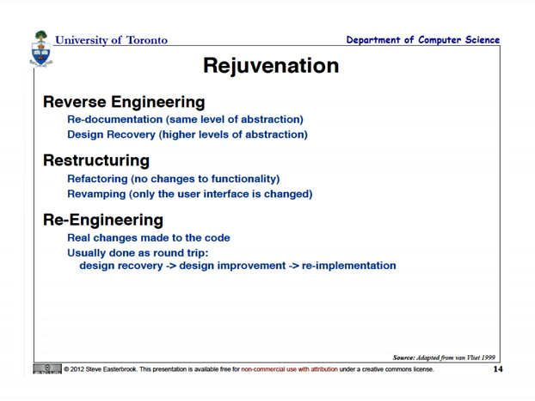This includes refactoring, which is improving code without changing functionality, or revamping, which is changing the UI. And finally, re-engineering. This is the most intensive. It's a round trip where you recover the design, improve it, and then re-implement it with actual changes to the logic.